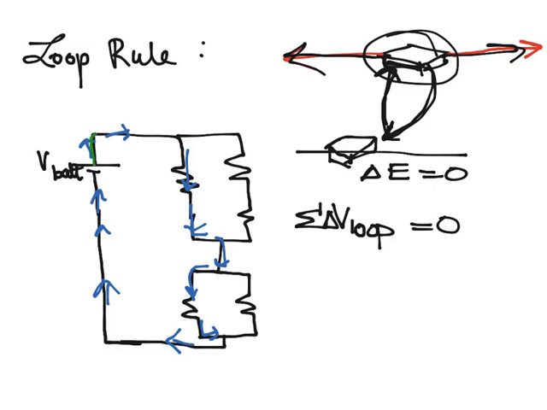So you could go around this first loop I drew, and every time you go through a resistor, you lose voltage. But then when you get back to the battery, you gain it all back again. But it's also true if you think about the voltage around this loop. Okay?